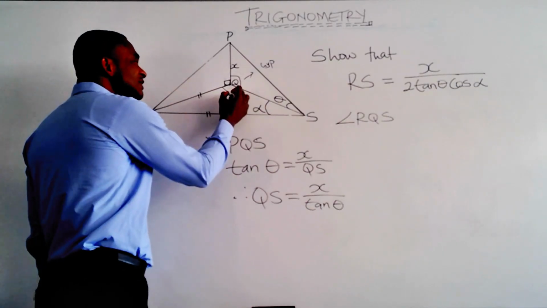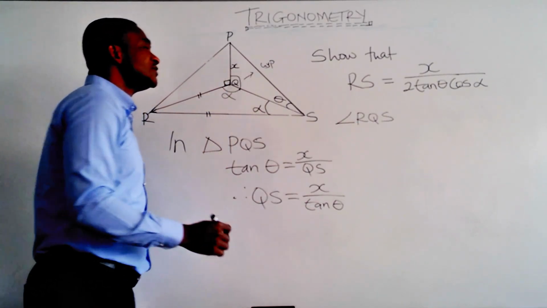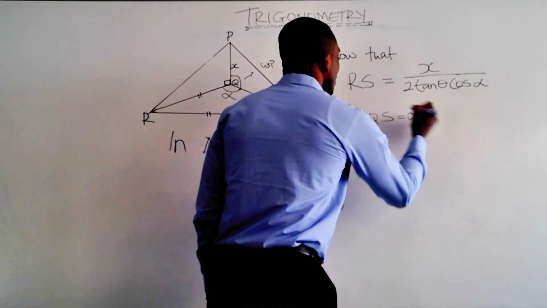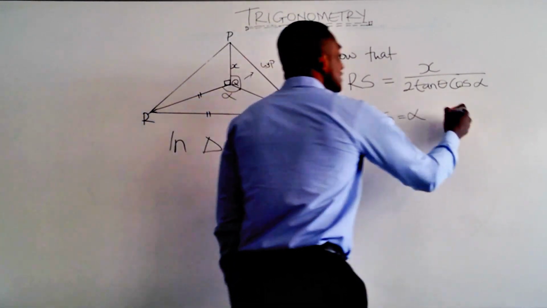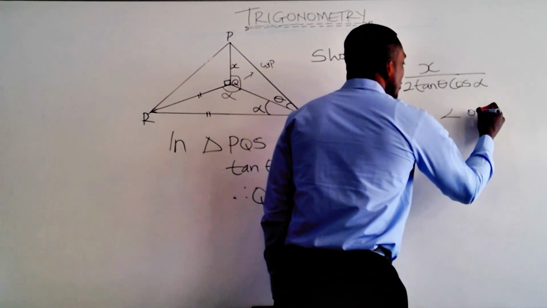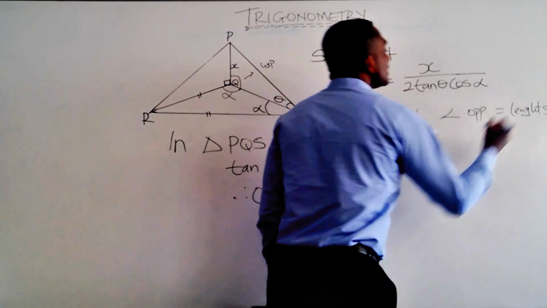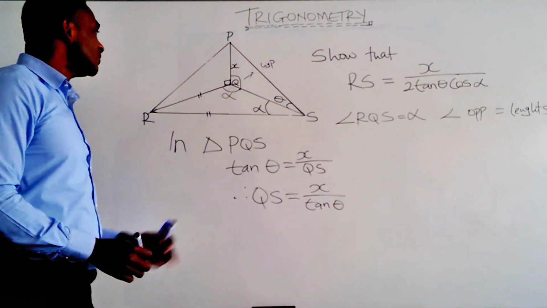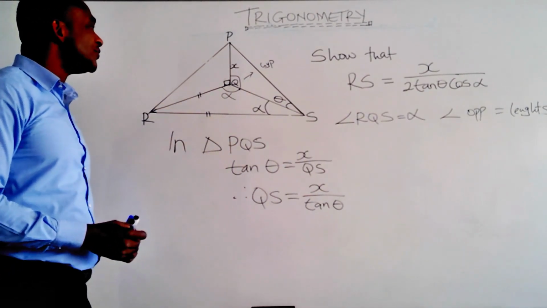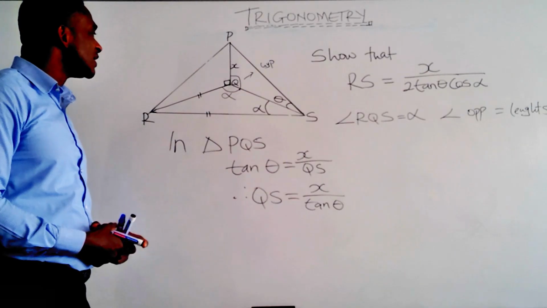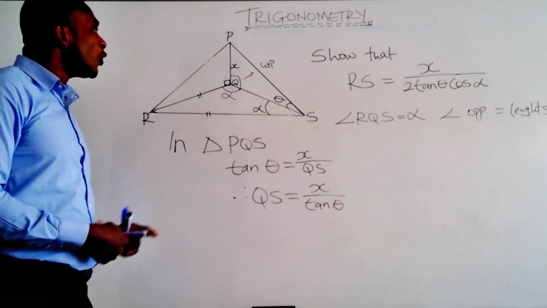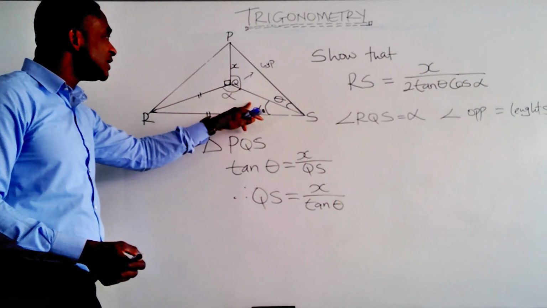So it also means that this will also be alpha. And our reason is angle opposite equal lengths, or we can just say isosceles triangle RQS.